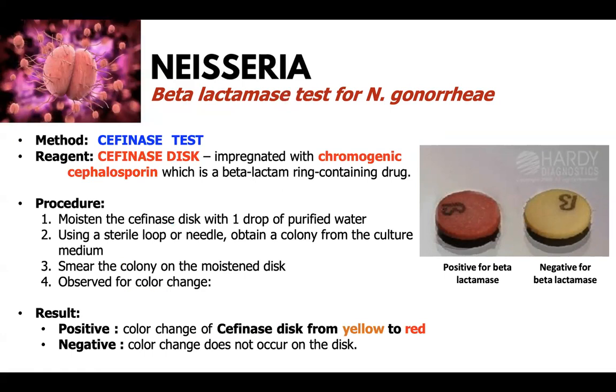Okay? And then, kukuha ka, no? Using your needle or an applicator stick, get a portion of your colonies, okay? And then, i-wipe lang dun sa surface. Now, originally, yellow lang ang color ng disc. Now, if it changes to red, that indicates a positive reaction for the presence of beta-lactamase. So, yellow to red, no? Naging red, positive yan for beta-lactamase.